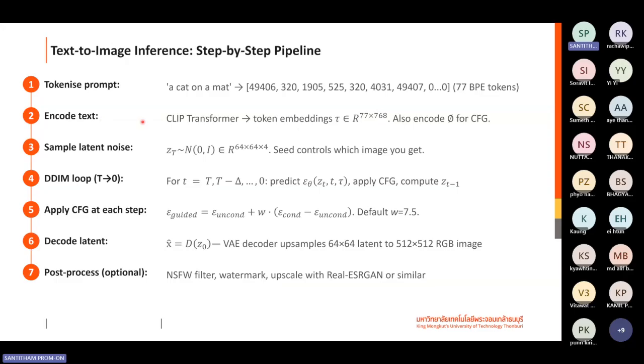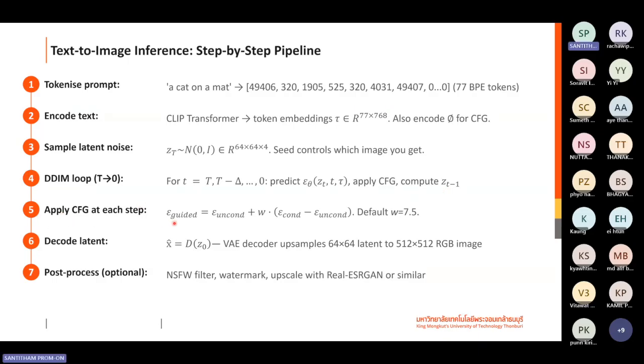This is for the positive prompt. You can also encode the empty prompt for CFG, or a negative prompt. Then sample the latent noise from a normal distribution using a seed. Then perform DDIM, starting from z_T, predict the noise, adjust the noise, compute z_{T-1}, and apply CFG at each step.